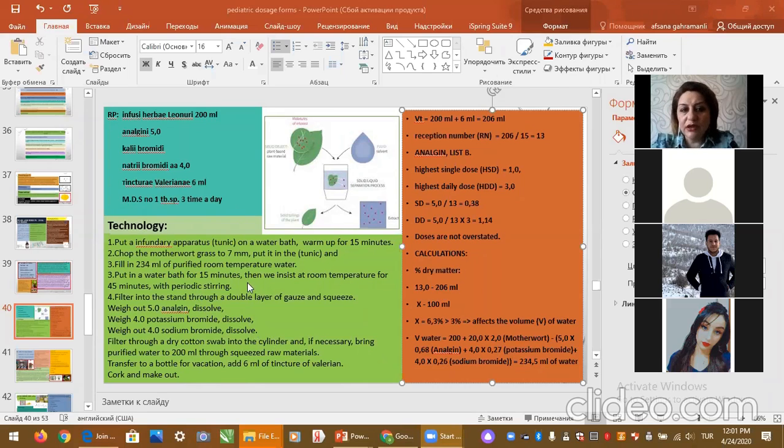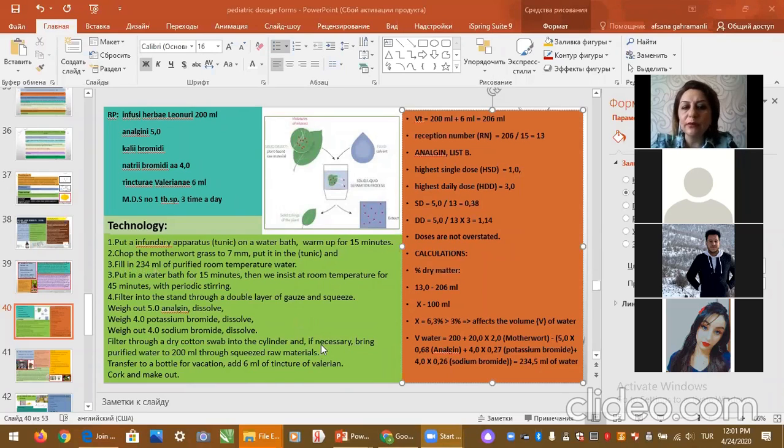Technology, stages of technology. First step, put the infundirka apparatus, its alternative name is tunic, on a water bath and warm up for 15 minutes. Chop the motherwort grass to 7 millimeters, put it in the tunic and fill in 234 ml of purified room temperature water.